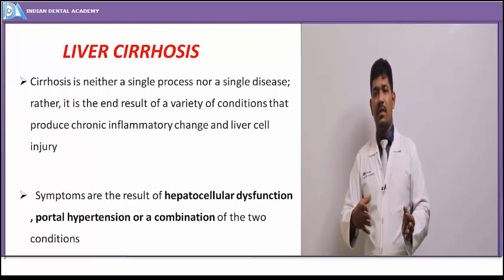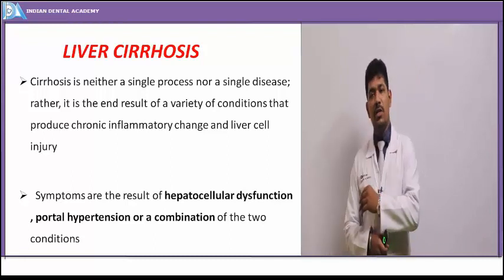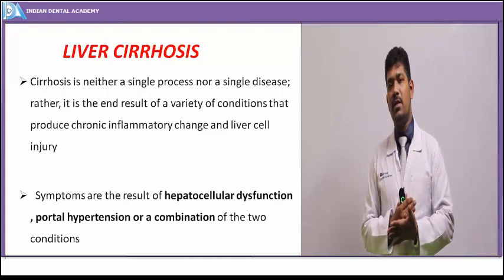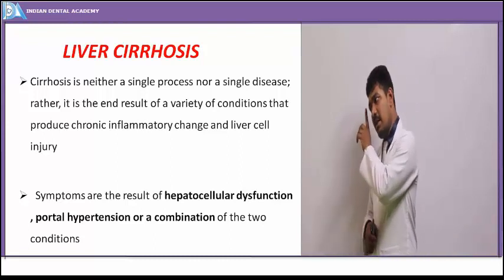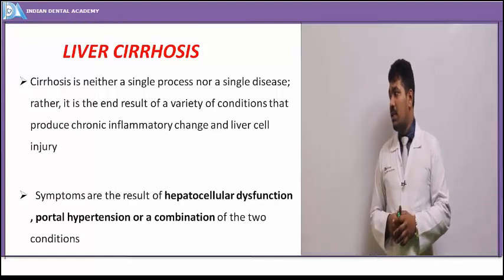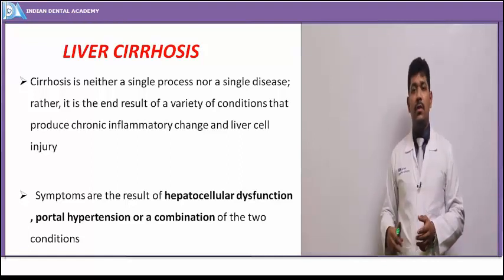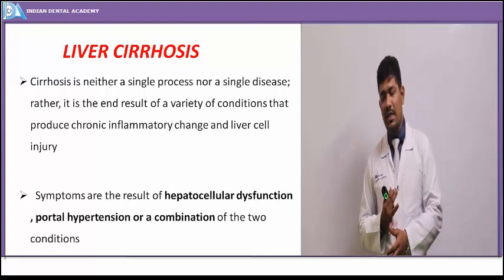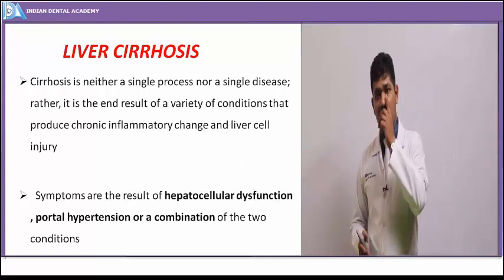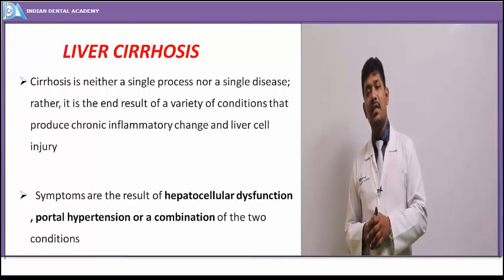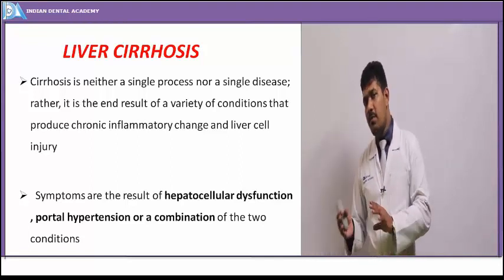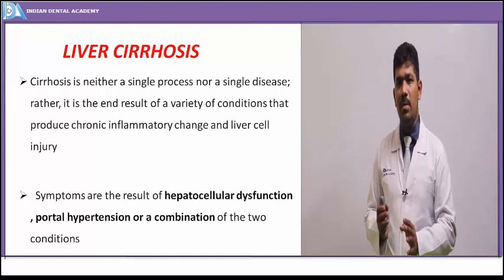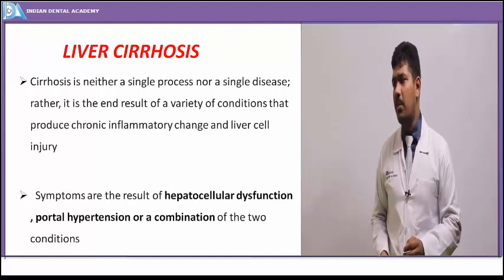It is an end result of a variety of conditions which produce chronic inflammation of the liver cells, the hepatic system. The symptoms are basically a result of hepatocellular dysfunction or portal hypertension, again because of the unique circulation system associated with the liver, or a combination of both hepatocellular dysfunction and portal hypertension.